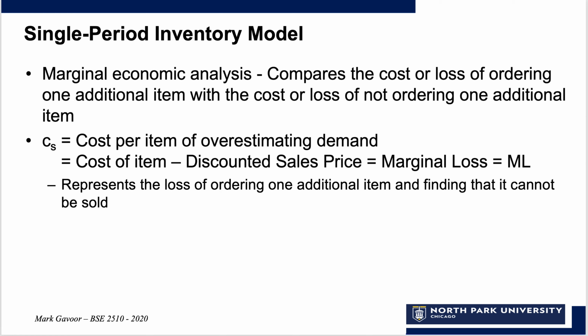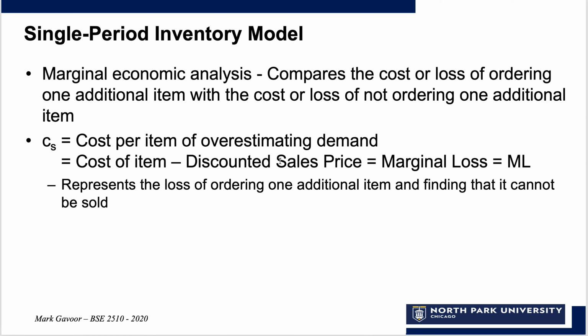We're going to look at two different formulas that are exactly the same. One uses cost, and one uses the marginal language. So, cost per item of overestimating demand. It's the cost of the item minus the salvage value. So if you ordered, and it cost me $100, let's say it cost me $60 to buy those sweaters.